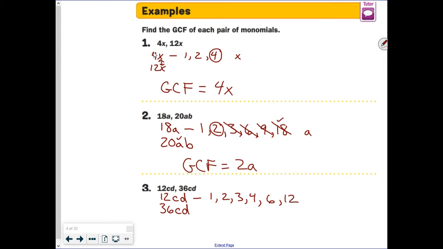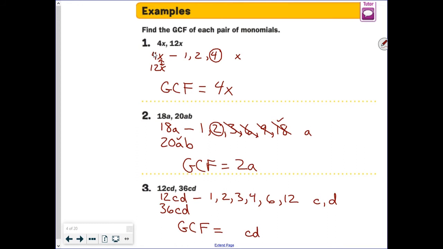In addition, I have two letters, C and D. Like before, I'm going to ask, do those letters, C and D, either one of them appear with 36cd? And they both do. So C and D are both going to be part of my greatest common factor.